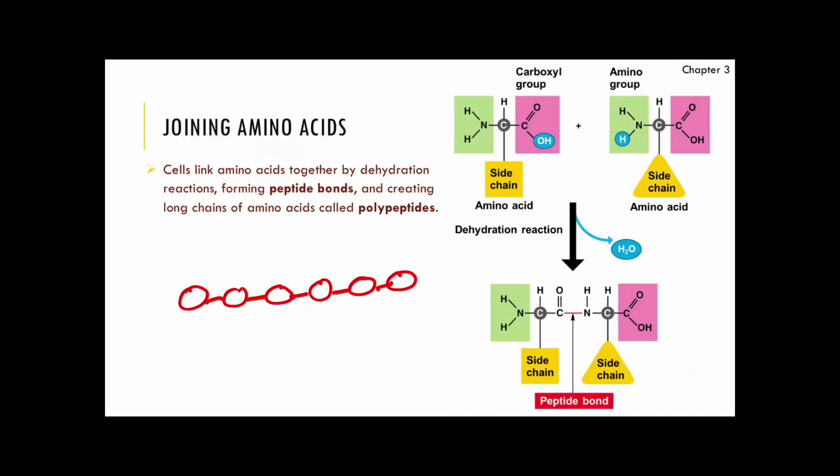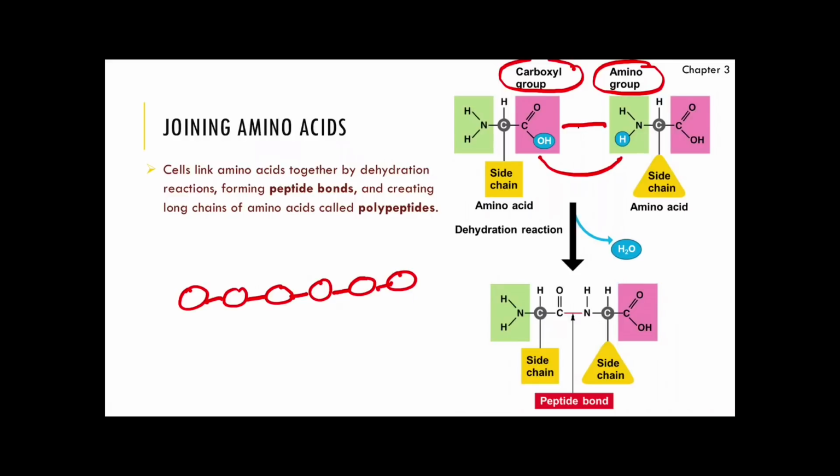The bond has to be made by joining a carboxyl group from one amino acid and an amino group from another amino acid. فلما نجمعهم مع بعض لازم نربط الكربوكسيل جروب في امينو اسيد مع امينو جروب في امينو اسيد ثاني، يعني الأحمر بالأخضر. You don't join a carboxyl group with another carboxyl group. It doesn't work. لازم نربط الكربوكسيل group بالأمينو group.